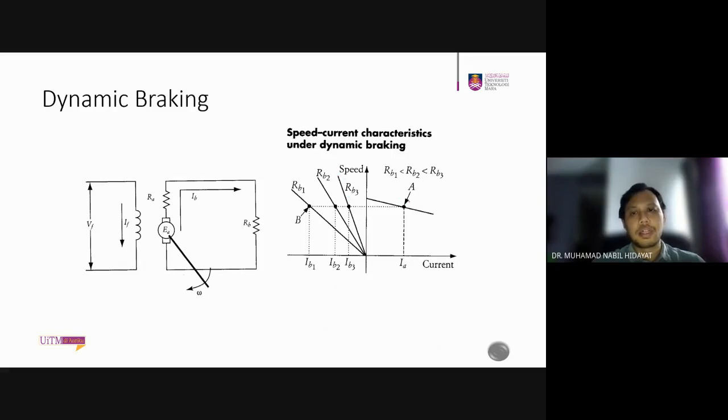Let's say it's operating at A. When it connects to RB3, it will start from here and break down to 0. When the current speed is at A and it hits RB1, it will automatically go to this region and break down here.